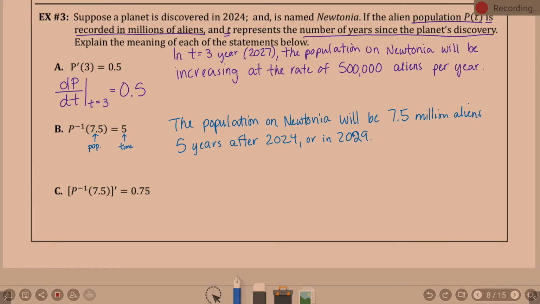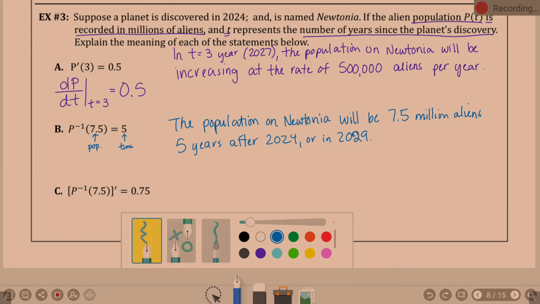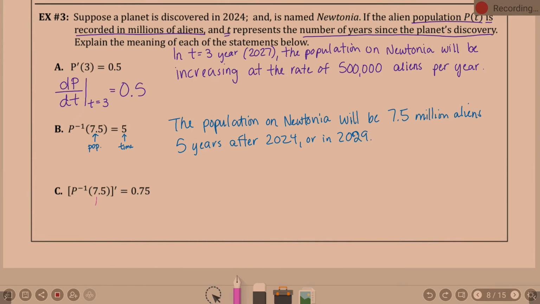Well, and the population will be growing at a rate of... Okay, so you guys are realizing, when the population is 7.5 million, it's growing by a rate of 3 million. Okay, so we do have that derivative to think about. When the population is 7.5, that's my input, right?